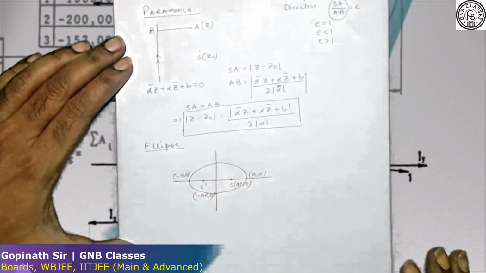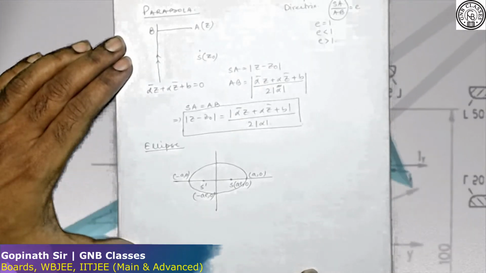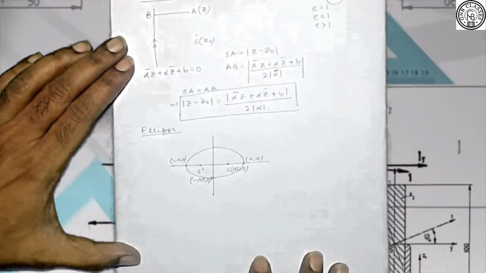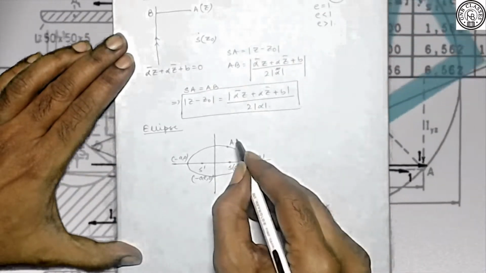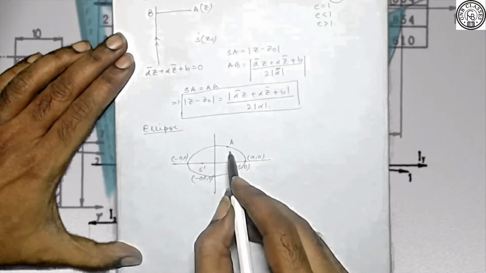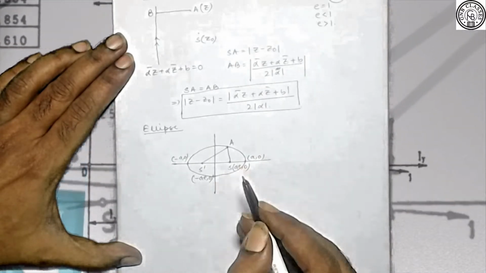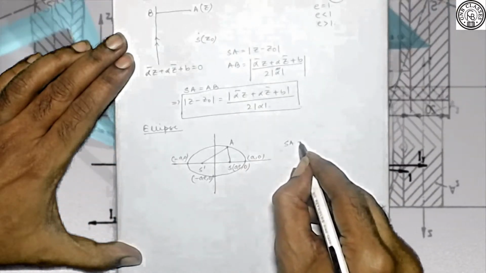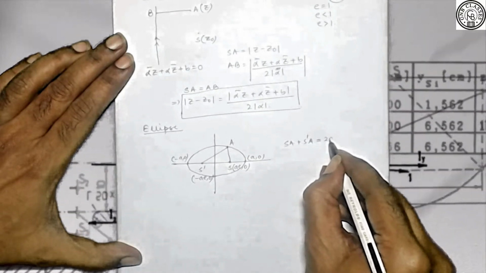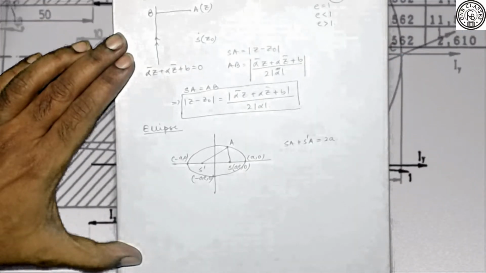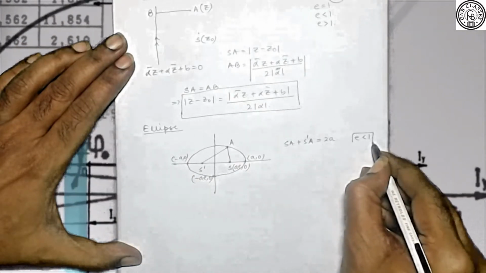This we all know from the knowledge of coordinate geometry. Now, there is one property of ellipse which says that if there is a variable point, say A, then the sum of these two distances, that is SA plus S dash A, will always equal twice A. Yes or no? For ellipse, eccentricity is less than 1. Is it clear?